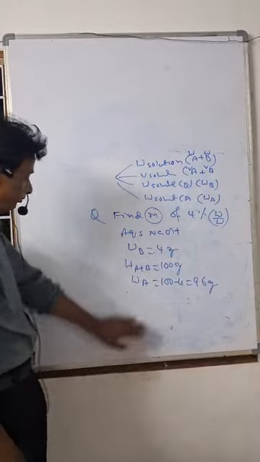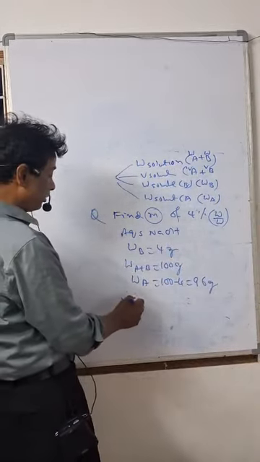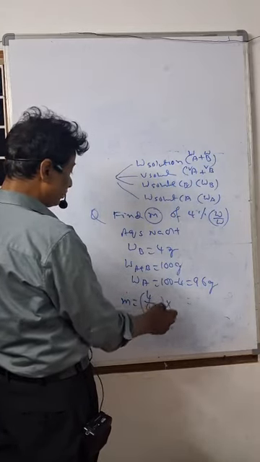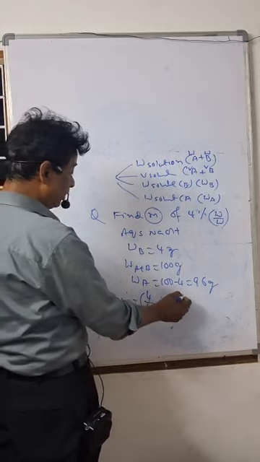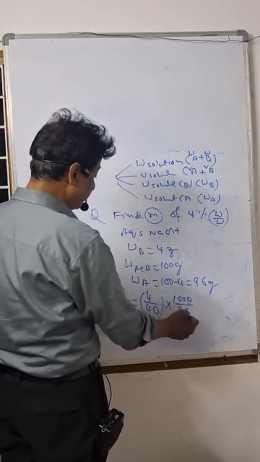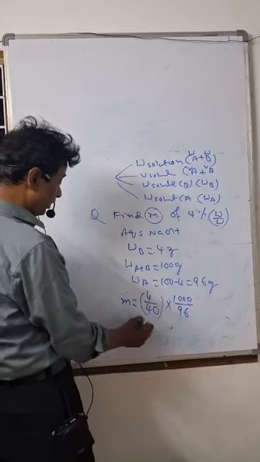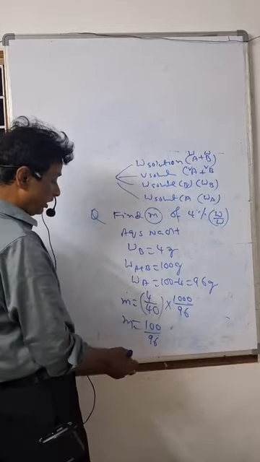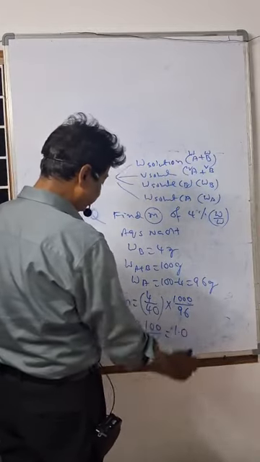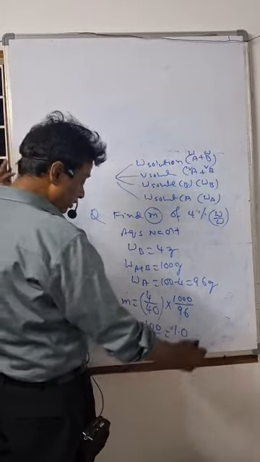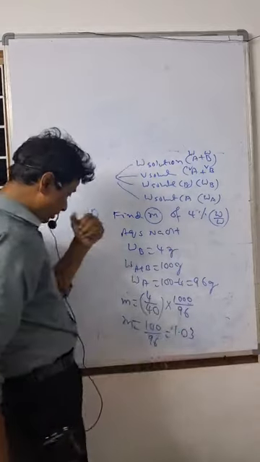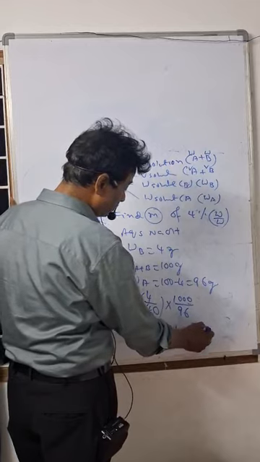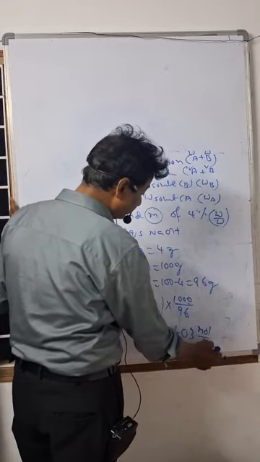Be careful. Molality is number of moles, 4 by 40, into 1000 by weight of solvent, 96. That is 1.03 moles per kilogram, the units.